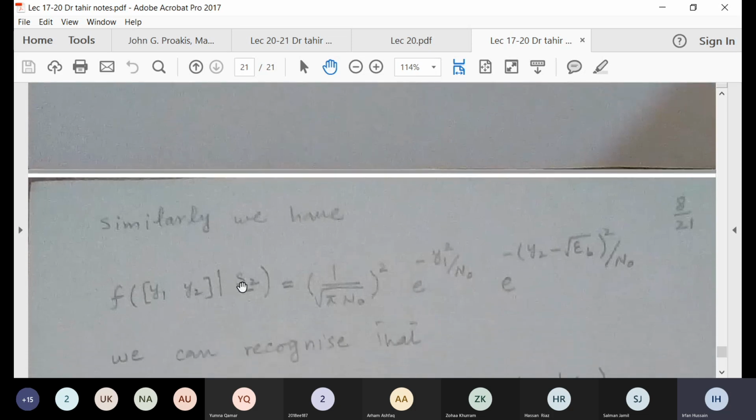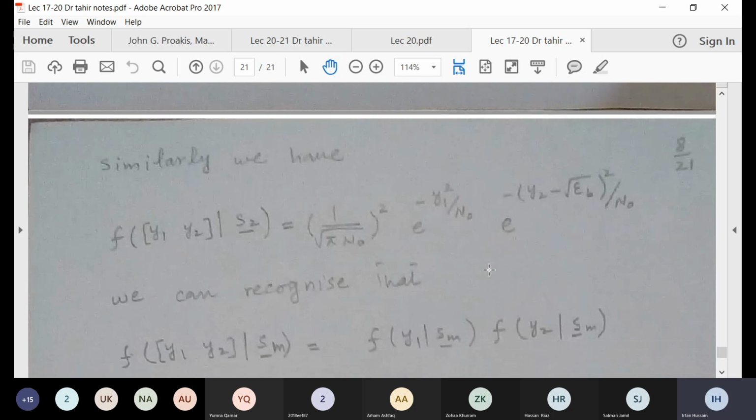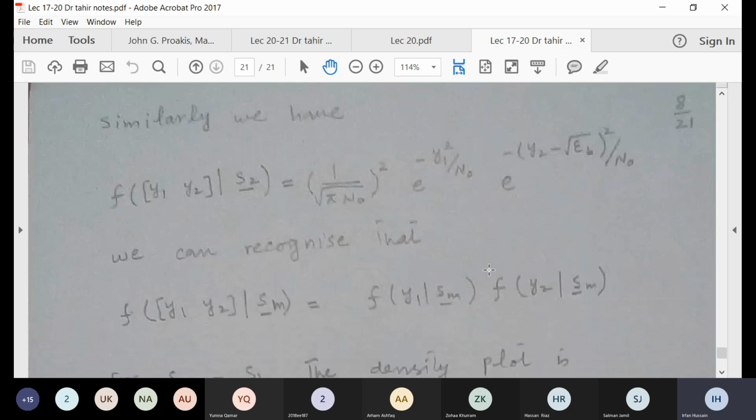If I say given s2, then y1 will be noise, and y2 will have its mean shifted, and so this will be the PDF of y1, y2 given s2.